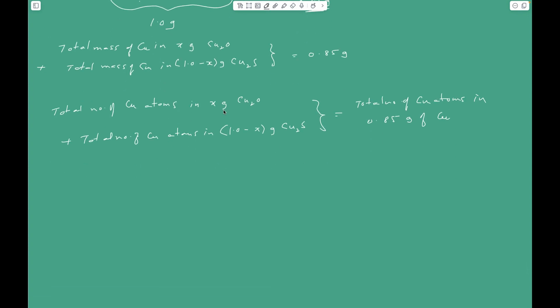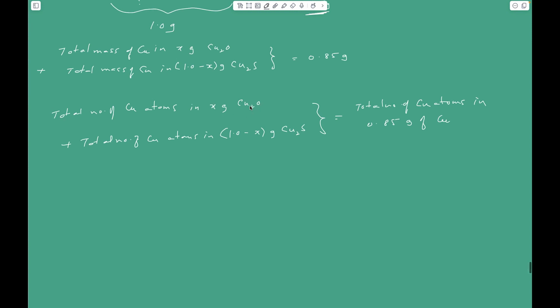Now how do we figure out the total number of copper atoms in x grams of cuprous oxide? By dividing the mass given by the formula weight of cuprous oxide in grams, what would that be? 63.54 times 2 plus 16, which is 127.08 plus 16, right?